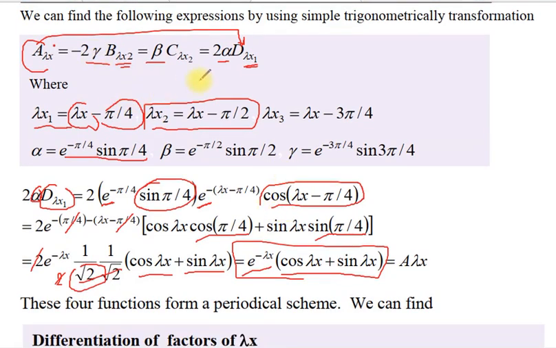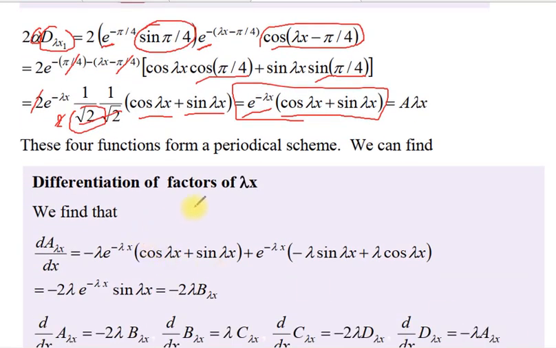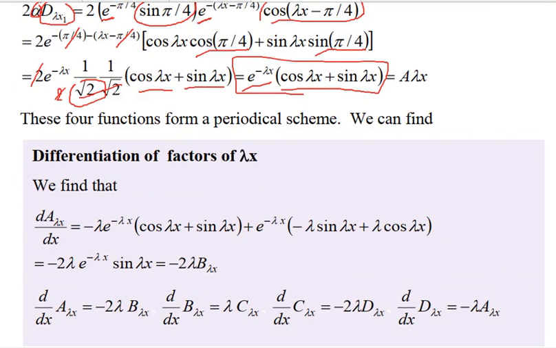Other relations are in similar steps. We can get every constant, every factor of lambda x from other factors. We can also find the following differentiation of factors of lambda x. They are important in the next lectures.